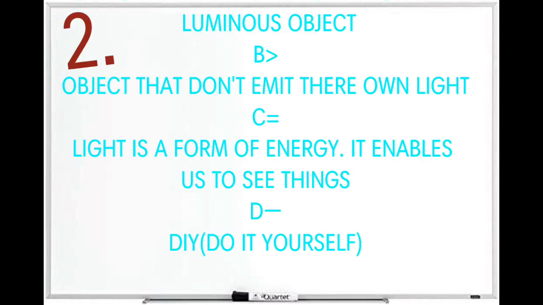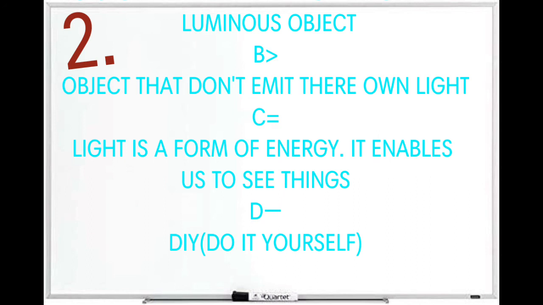Now question 2. Answer the following questions in one or two sentences in your notebook. A. What are luminous objects? Luminous objects are the objects that make or emit their own light. It can be natural or man-made. B. What are non-luminous objects?